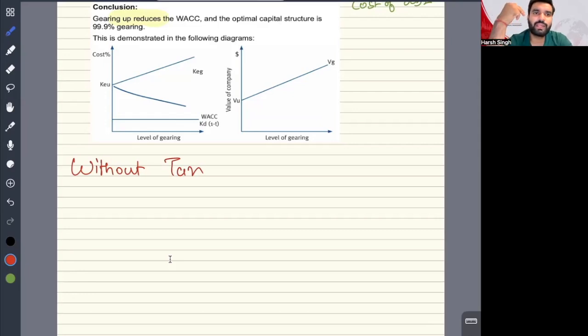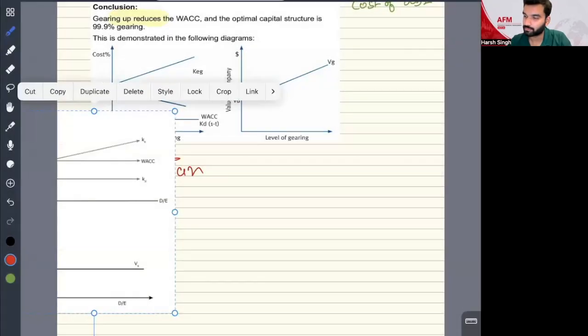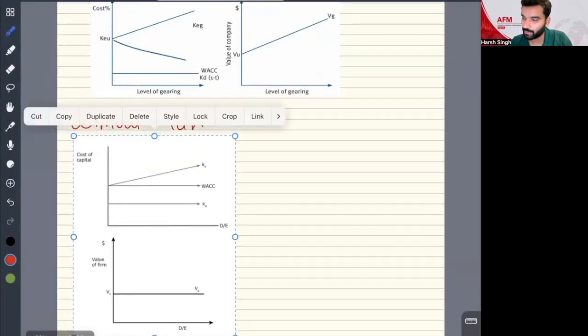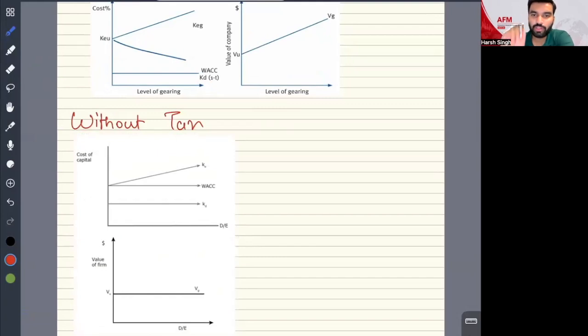They argued about three things. They said that the cost of debt, if I can draw the figure, would remain same no matter whatever is the gearing level.